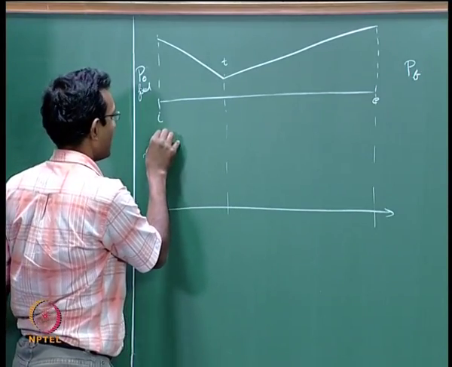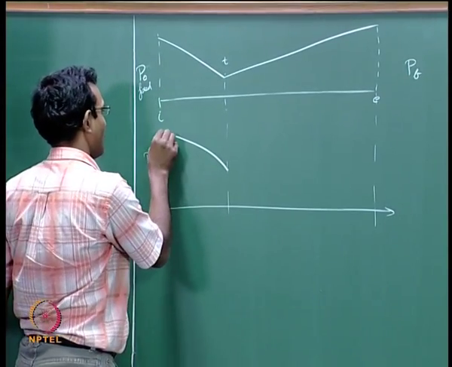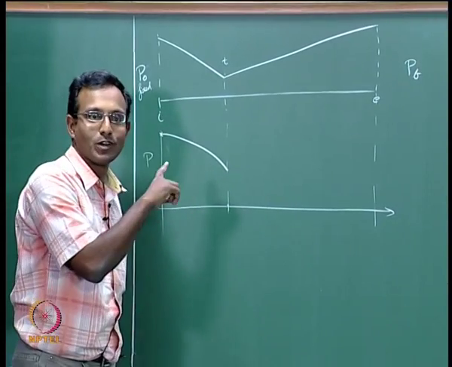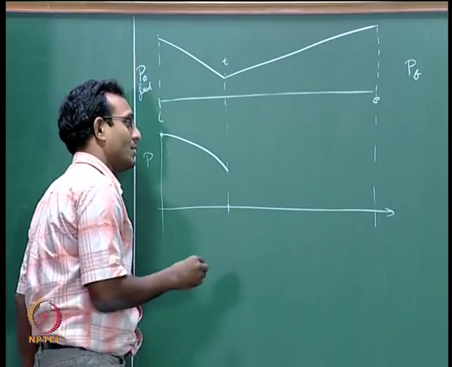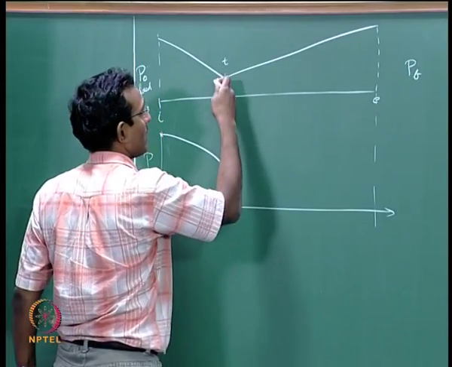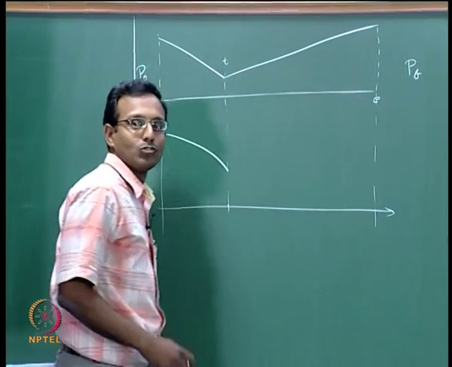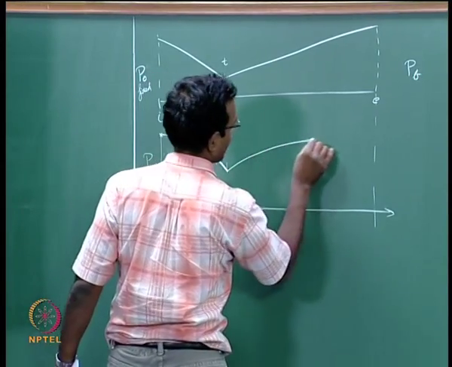So I am going to get something like this, from inlet condition to the throat condition. I am calling it throat, I am not putting a star on top of it, only when I put a star it is choked condition. From here again I am having subsonic flow and it is a diverging duct, so my flow decelerates again and goes to some other value.